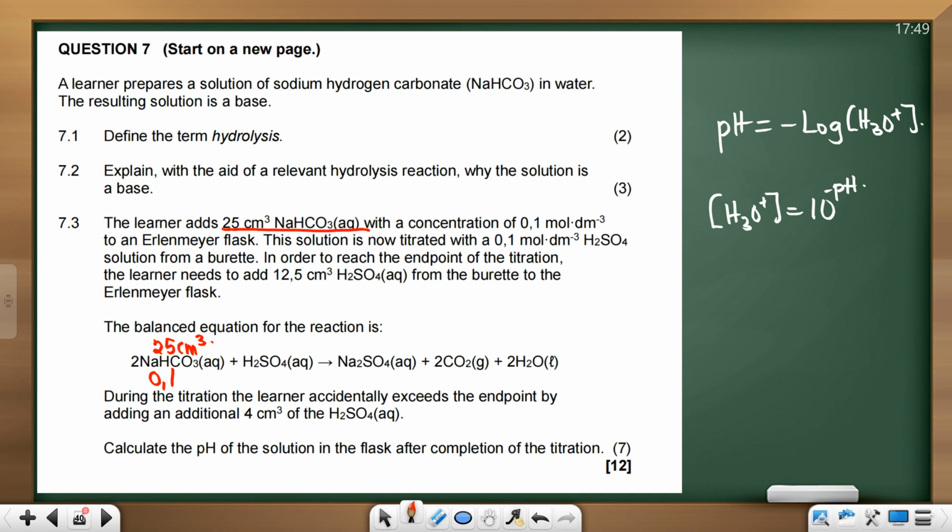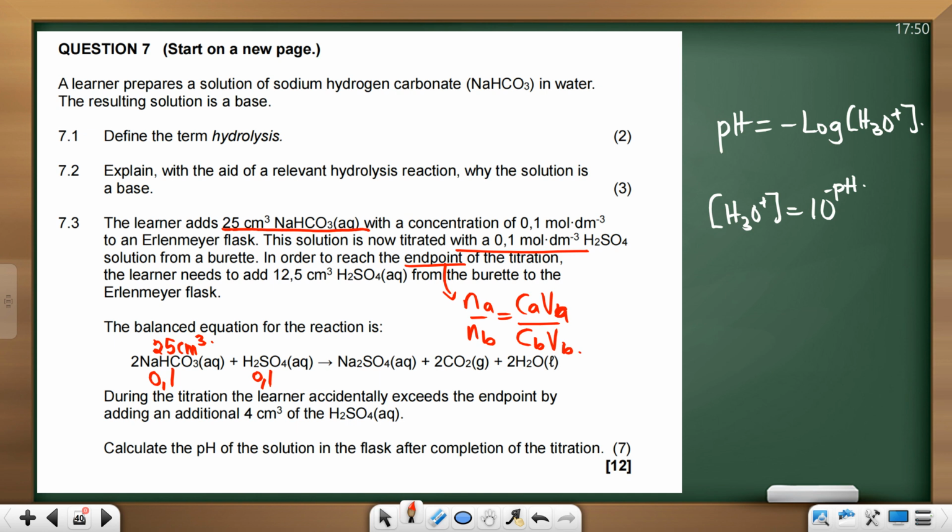This solution is now titrated with, do you see there's too many concentrations here? 0.1 moles per dm³ from a burette. Listen, in order to reach the end point of the titration, before we start with Na over Nb, once you see end point or complete neutralization, that's what I'm going to be working with.